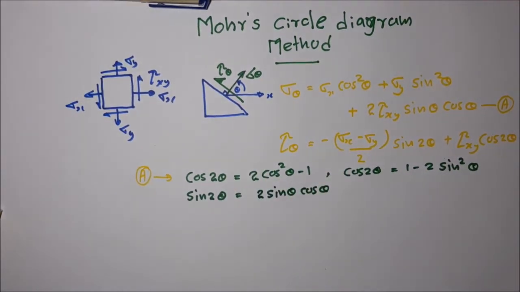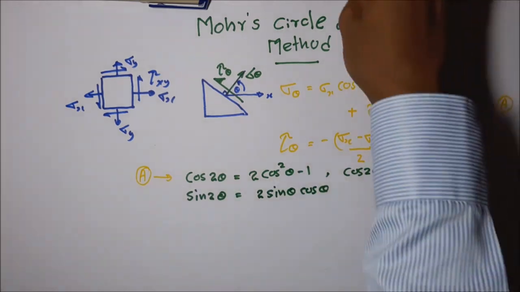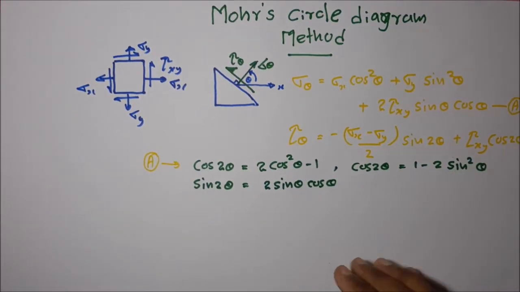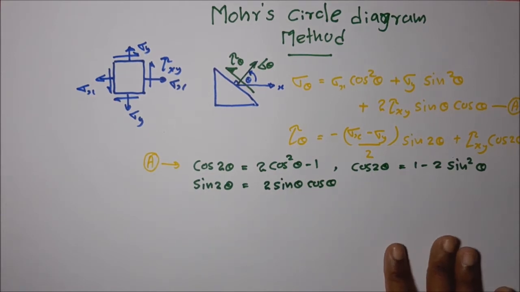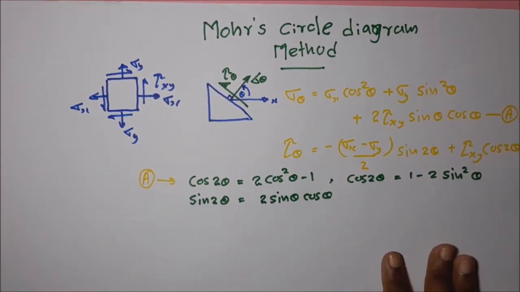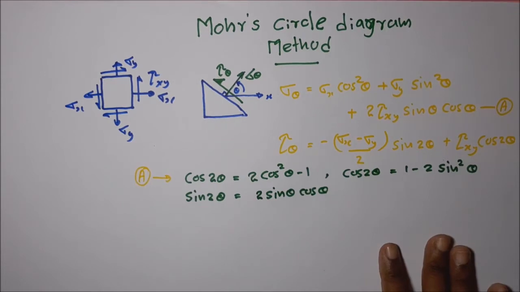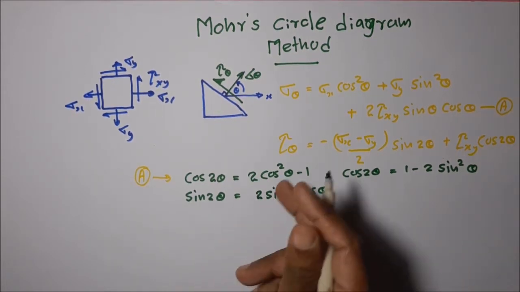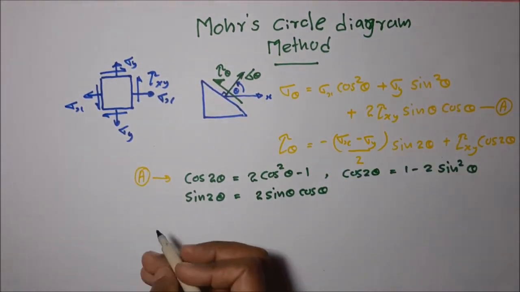Using these three identities, I am going to convert equation A to 2 theta angles. What we are going to do is obtain the Mohr circle diagram. That means we are going to represent these two equations in a graphical format. Before going to the graphical format, we have to convert into 2 theta angles.